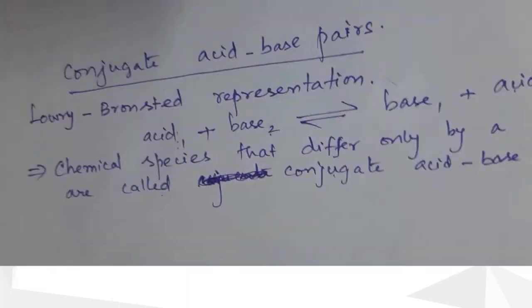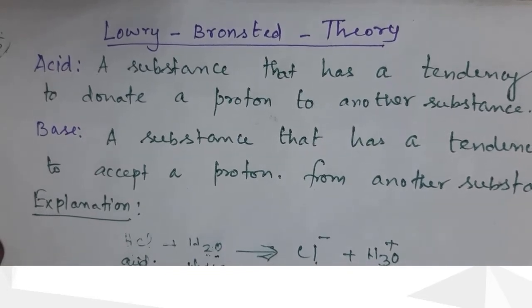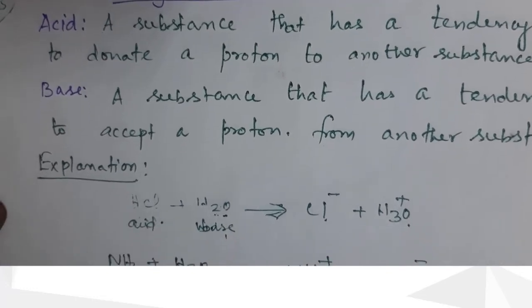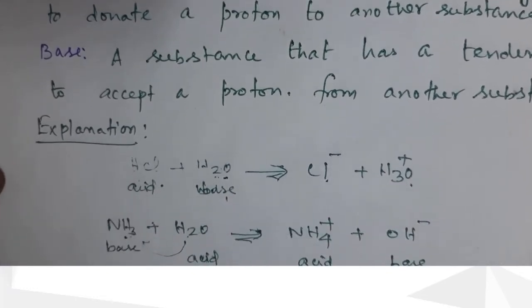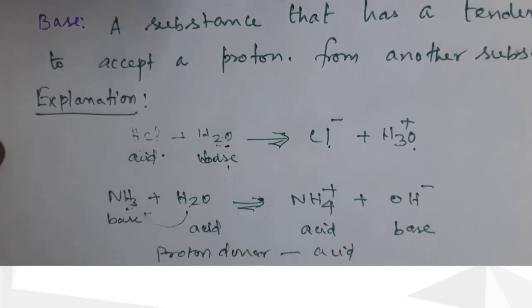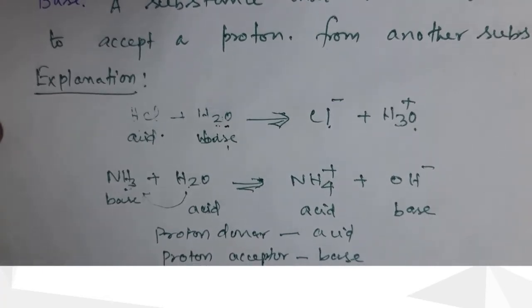Okay. So by the Lowry-Bronsted concept, acids are proton donors, bases are proton acceptors, and water acts as an amphoteric solvent because it acts as both acid and base. Conjugate acid base pairs differ only by a proton. For hydrochloric acid, the conjugate base is Cl minus.